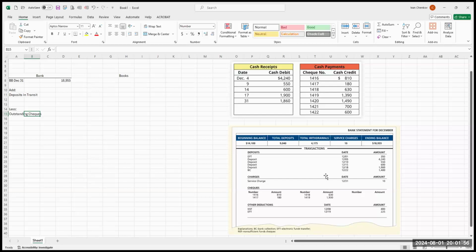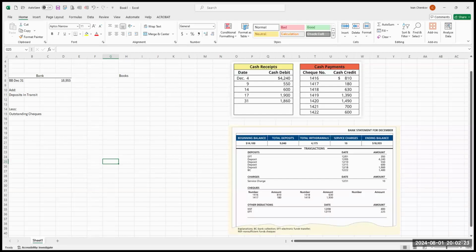So basically, they're not yet deducted from our bank balance. For many reasons, the vendor in this case doesn't want to cash the check or is holding it for something else. There are so many reasons why somebody doesn't want to cash their check. But let's leave that for the person who's cashing the check.